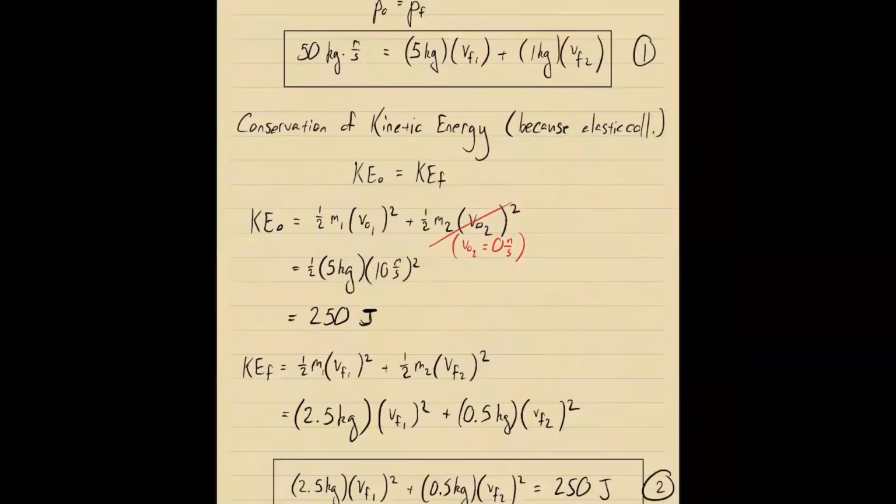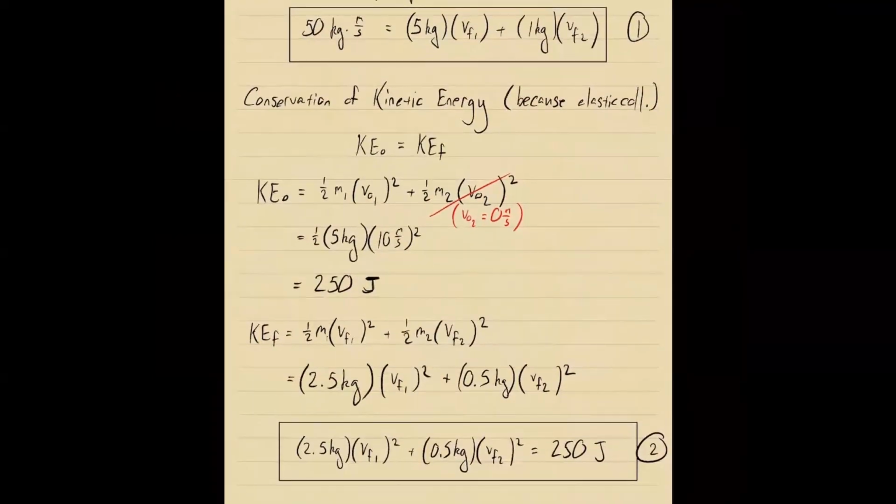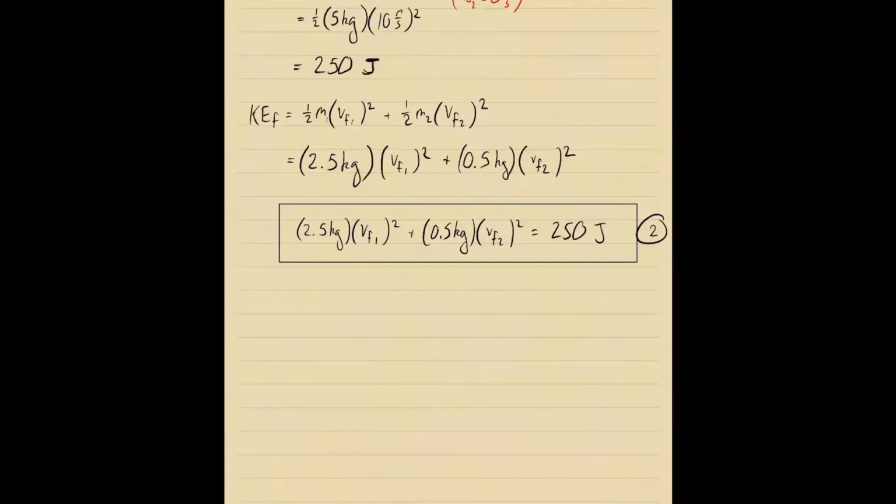So now we have equation 1 up there and equation 2. So let me just put these together. Right. So the two equations that we have, equations 1 and 2.